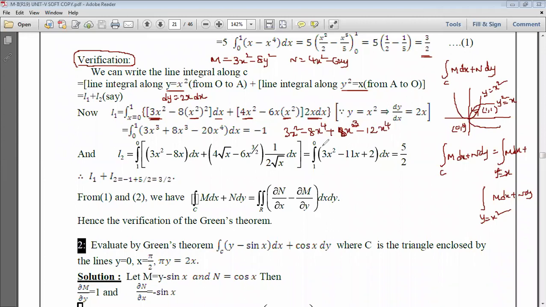So this one we got. It means simply 3x square. M is only this one or not?